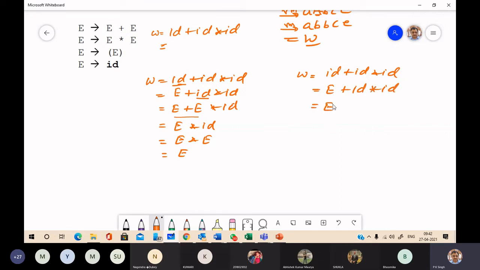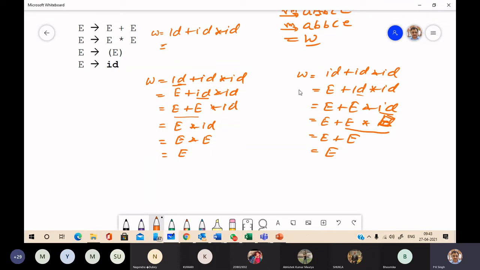Here E plus E into ID. This ID is replaced. Now here we will not replace it the same way. Sorry, this ID is reduced to E. Then E plus this will be considered, and finally E.